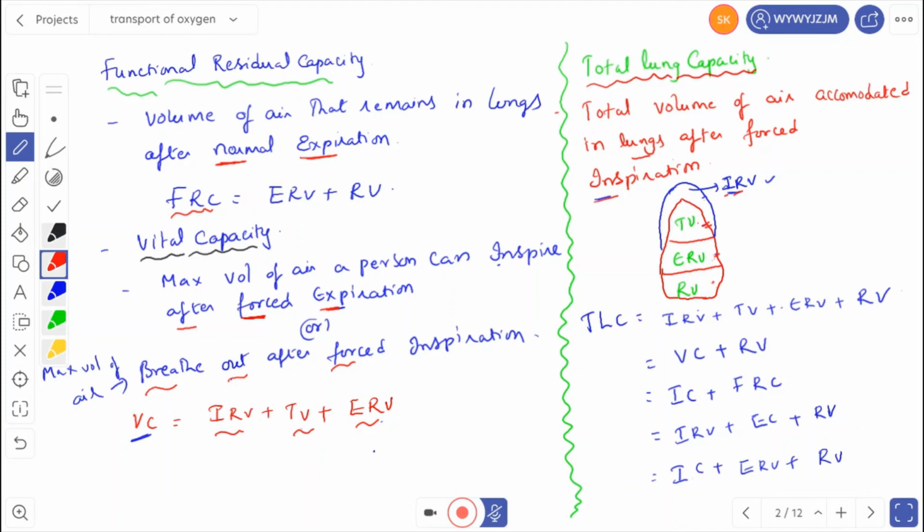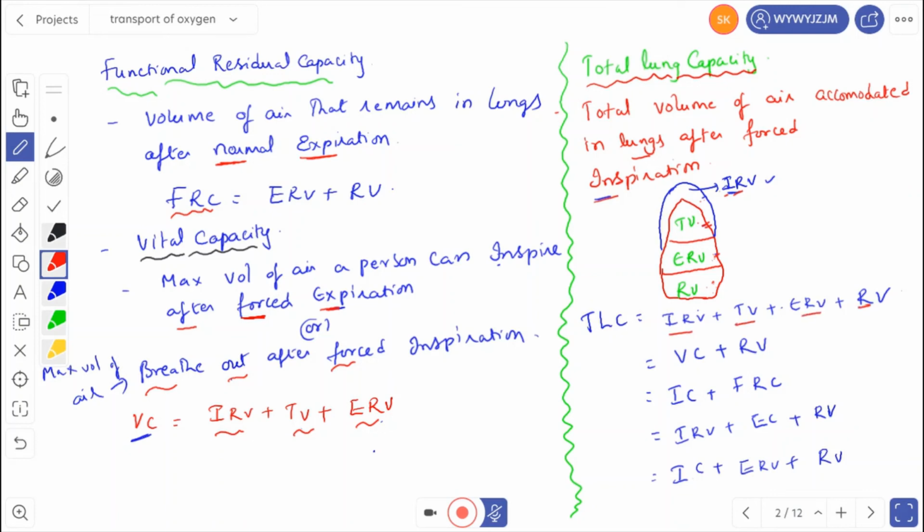Due to forced inspiration, IRV is coming, TV is also coming, ERV is present, and RV is also present. So you have to count ERV and RV also. Total lung capacity equals IRV plus TV plus ERV plus RV.